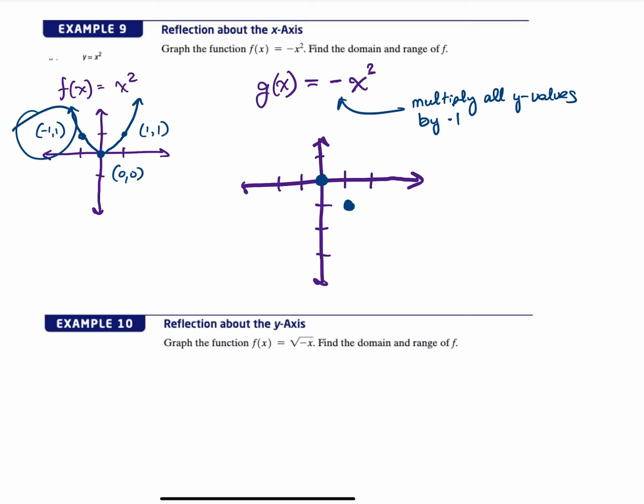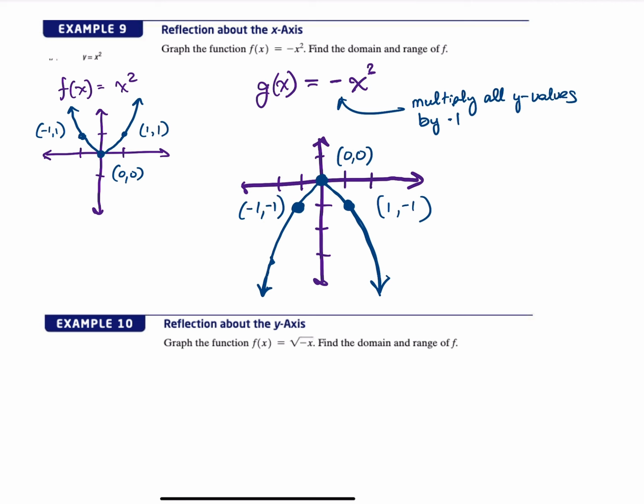And instead of negative 1, 1, I will have negative 1, negative 1. The y becomes negative. So this gives us the downward facing parabola. So let's label these 0, 0, 1, negative 1, negative 1, negative 1.